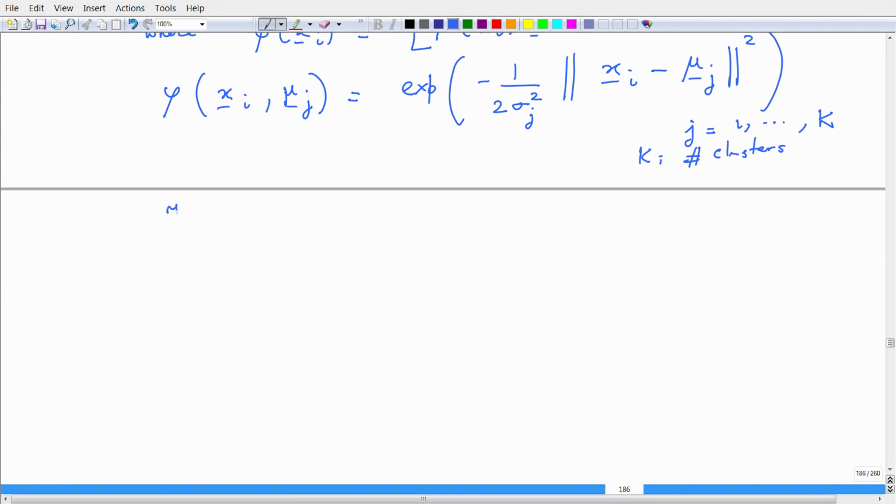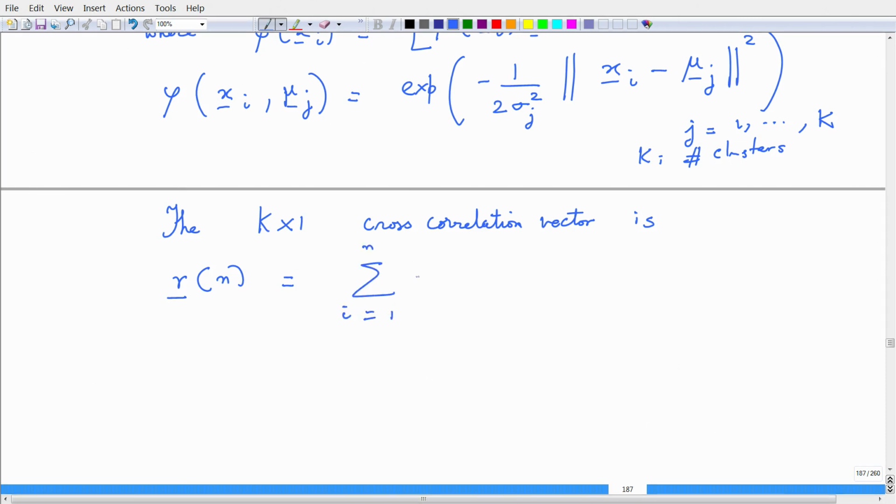Now, the k by 1 vector, I call it the cross correlation vector. This is given by small r, a vector small r of n, which is summation i equals 1 to n phi of xi times d of i.